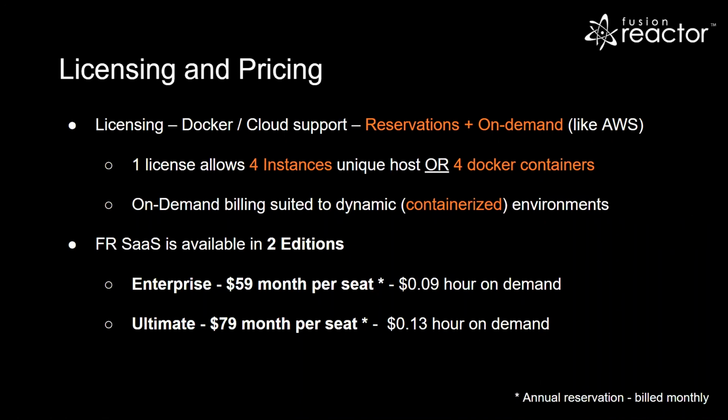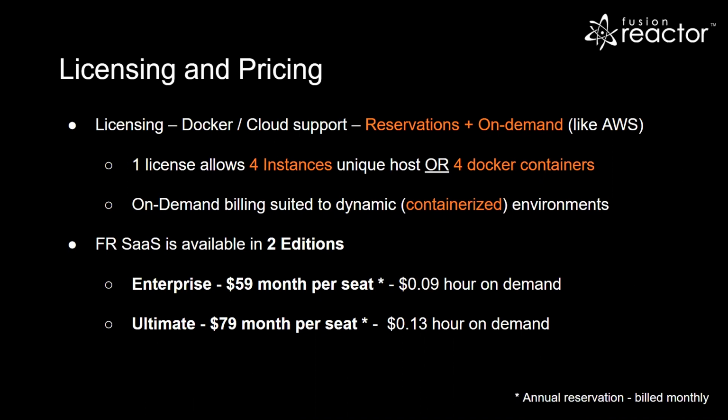And the on-demand billing is suited also to a containerized environment. So if you're continually bringing servers up and down, then it would be much more suitable to go to the cloud license, because then you'd be able to benefit from the on-demand licensing.